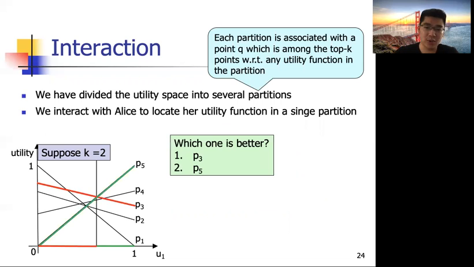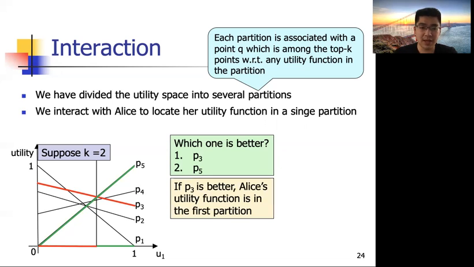Thus, we can ask Alice a question. We just present tuples, or say used cars P3 and P5 to her and ask Alice, which one do you prefer? If P3 is better, then we conclude that Alice's utility function must be in the first partition.